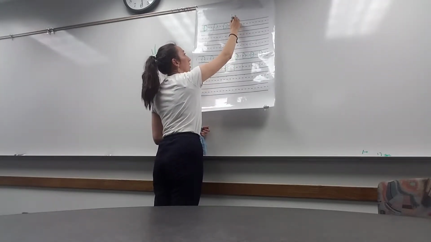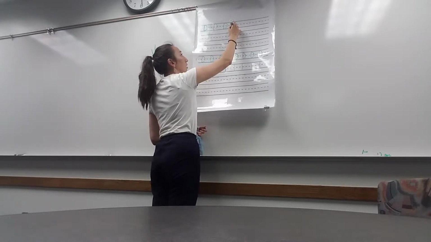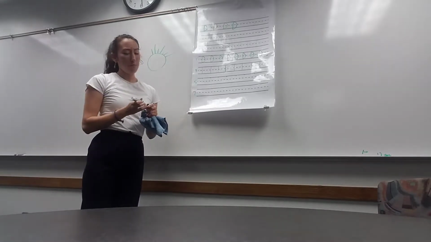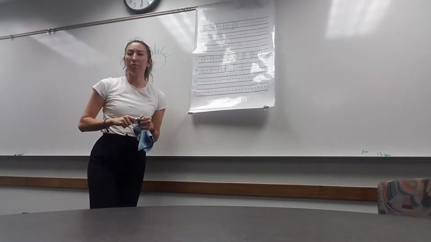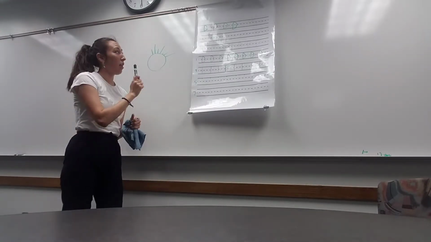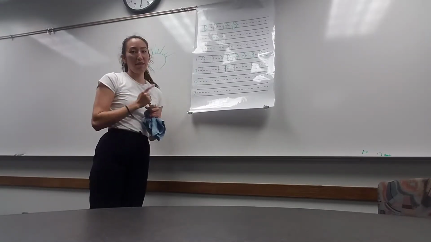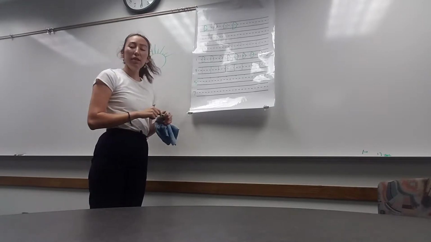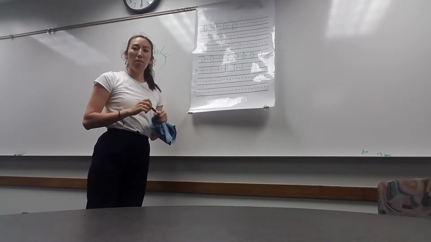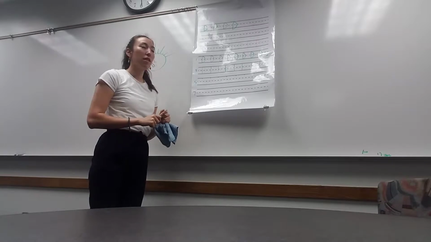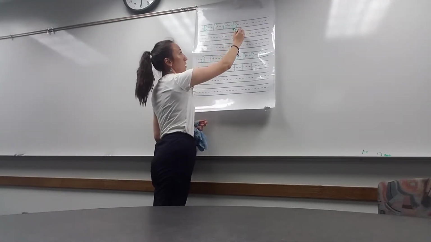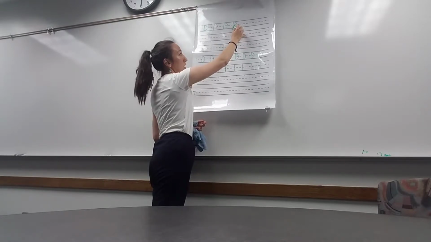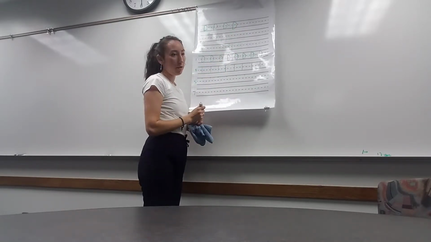Down, curve around to the right, uppercase D. Now, is this a good uppercase D? No, it is not a good uppercase D. Great answer. Why is it not a good uppercase D? Yes, it is not a good uppercase D because the bottom of the D goes below the bottom line.